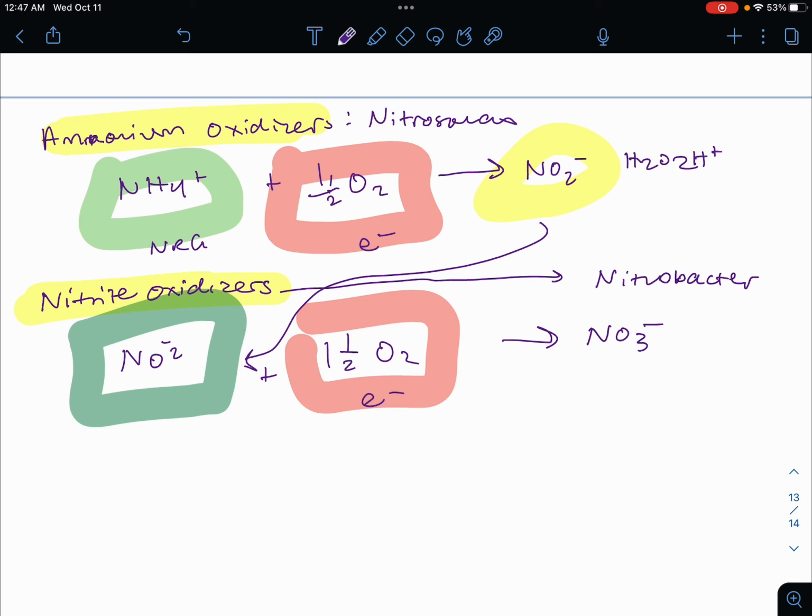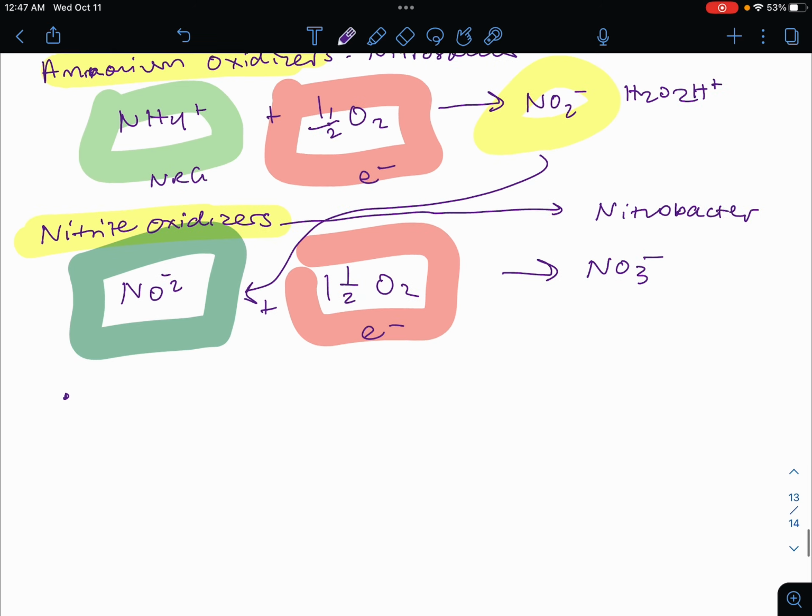We also have hydrogen oxidizing bacteria. These are pretty interesting in our study of aerobic chemolithotrophs. Some types of these include Aquifex, Hydrogenobacter, and they're going to be obligate chemolithotrophs.